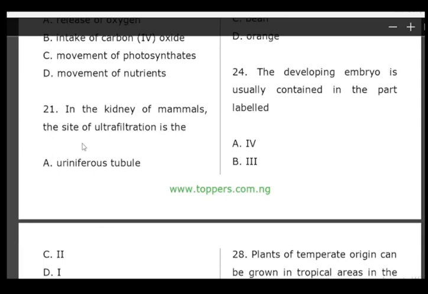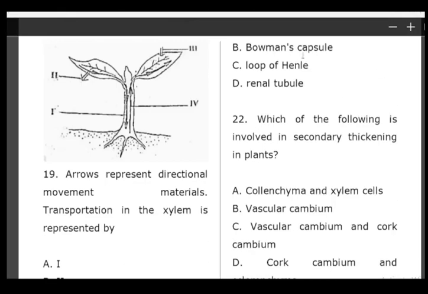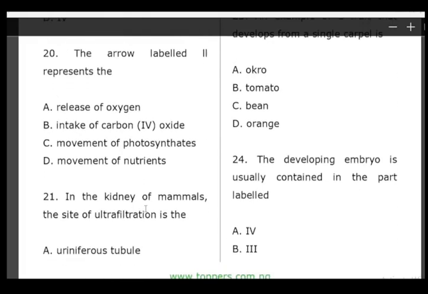In which part of it do we have the site of ultrafiltration? If we look at their function, we find that it is actually the Bowman's capsule. In the Bowman's capsule is where we have the site of ultrafiltration.